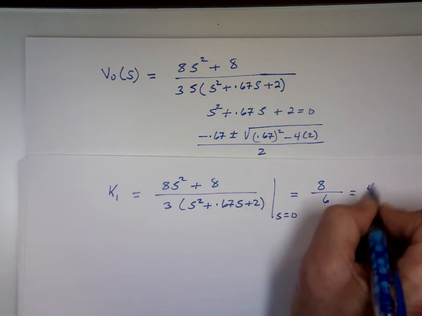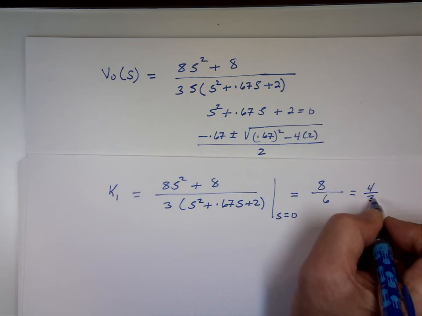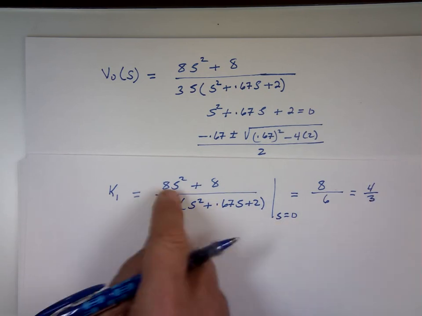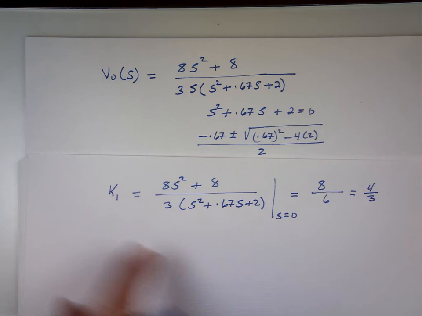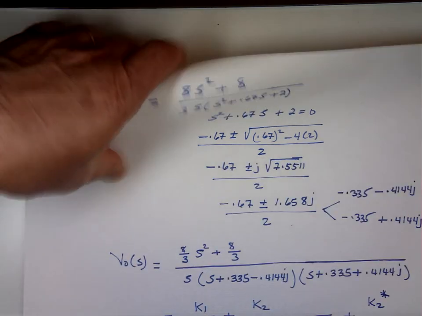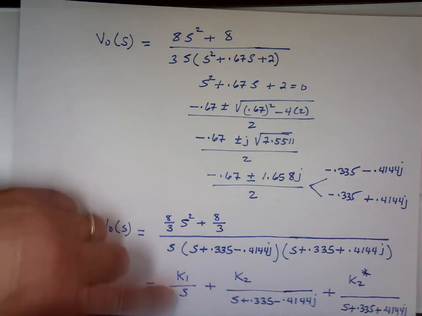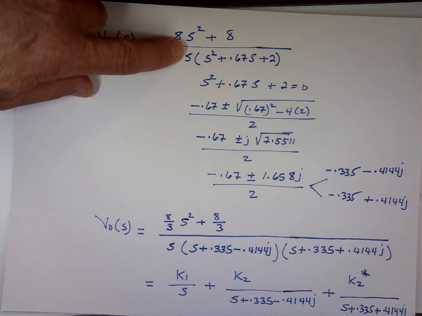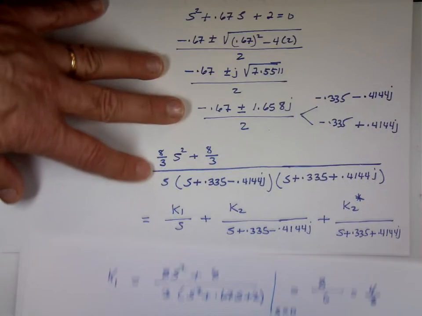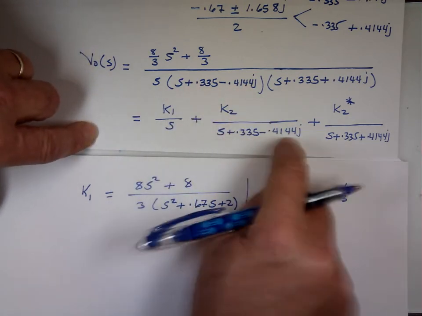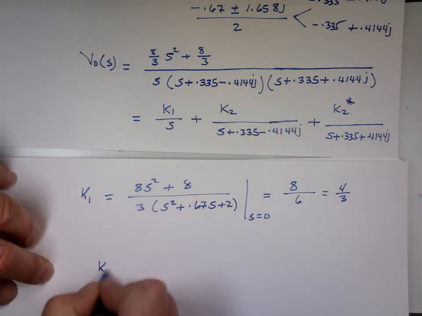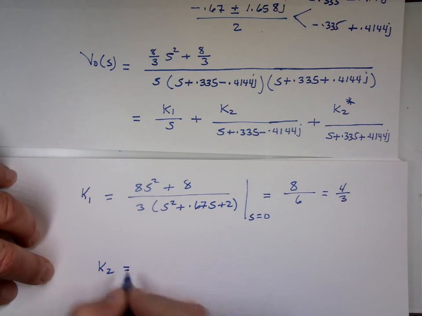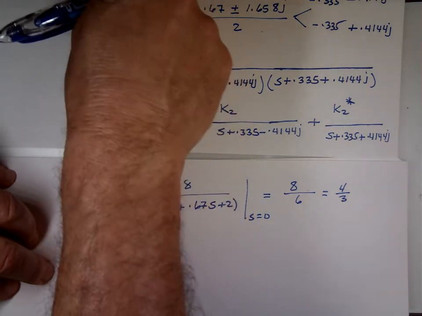When you find K1, K1 is sitting on top of S, right? You take the S out of that expression. Now for K2, I'm going to take this piece out, which is sitting on top of this. So what is K2 going to be? If you don't like the fraction, you can leave the 3 there.